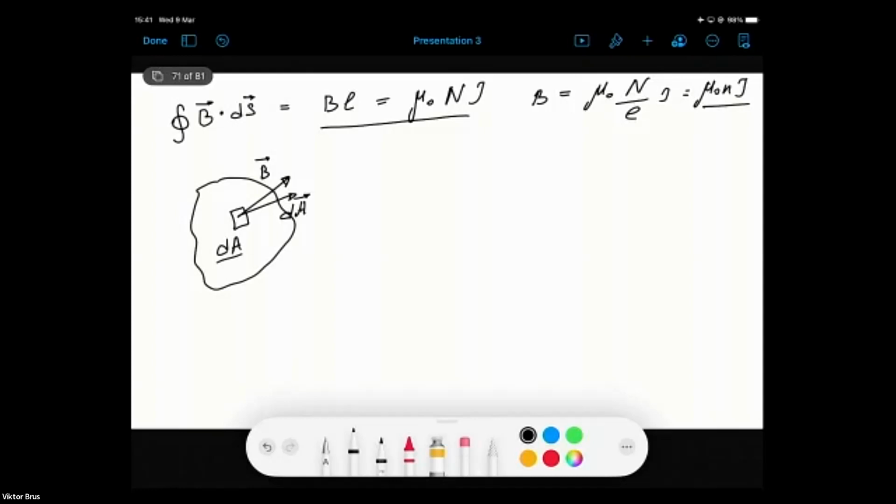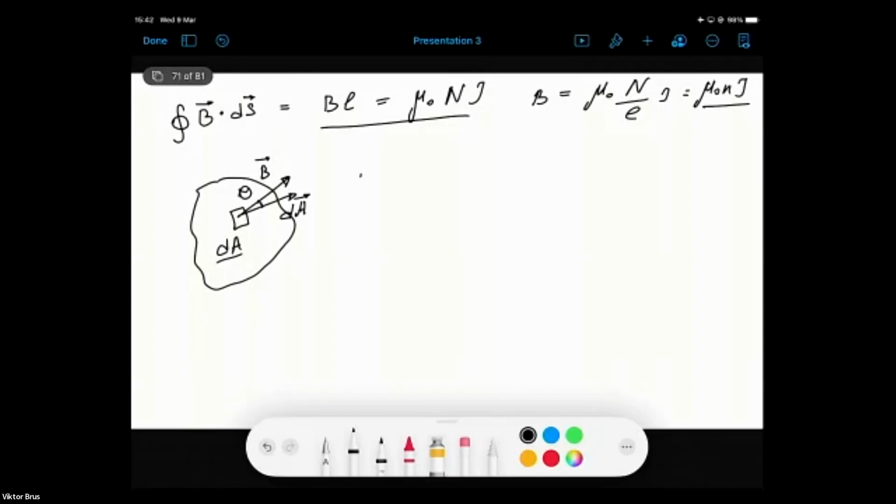So there will be some angle theta between these two vectors. Magnetic field flux will be defined as the scalar product of these two vectors.